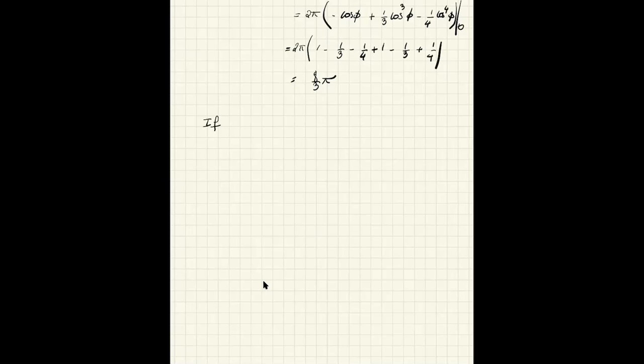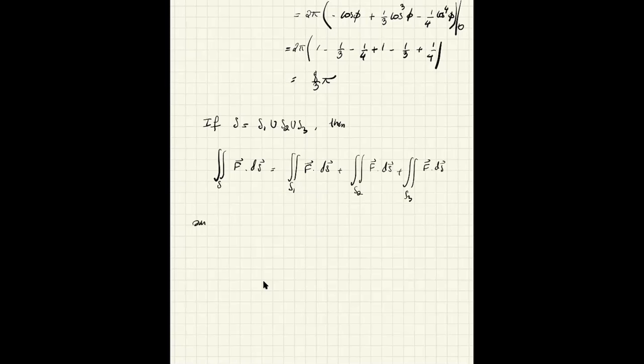Because the function inside is a scalar product, and so if S is the union of S1, S2, S3, then again you have to integrate over each side, same for an arbitrary number of sides.